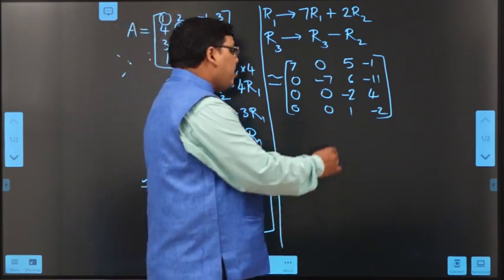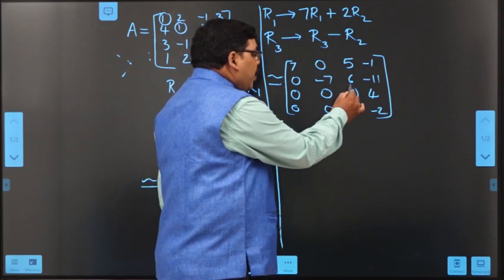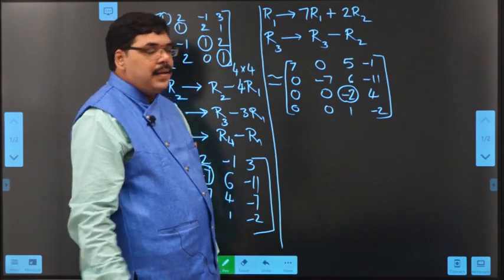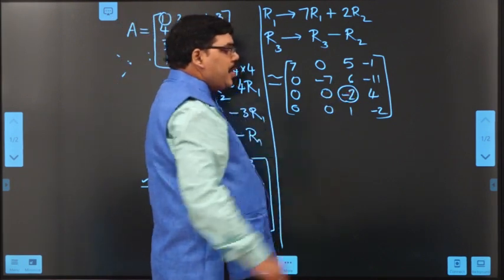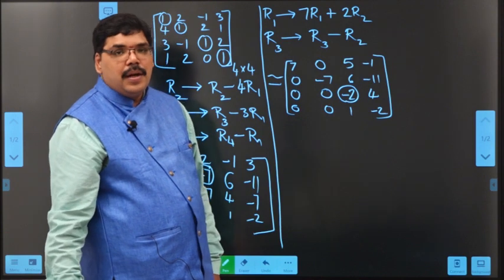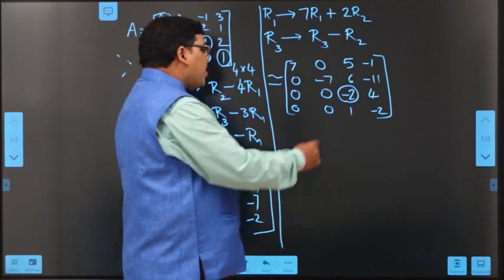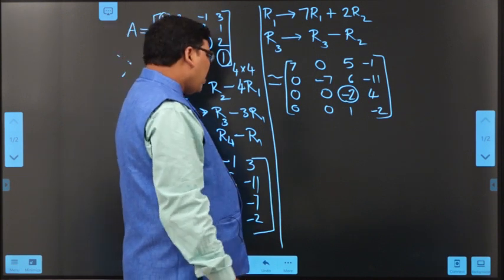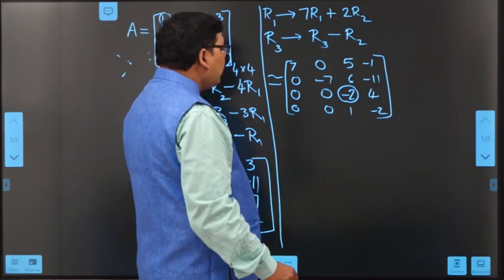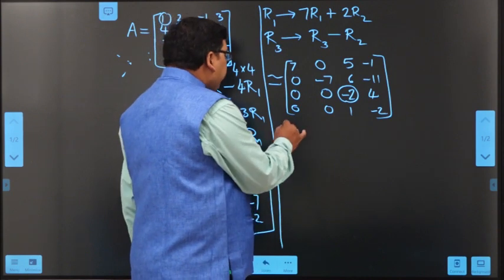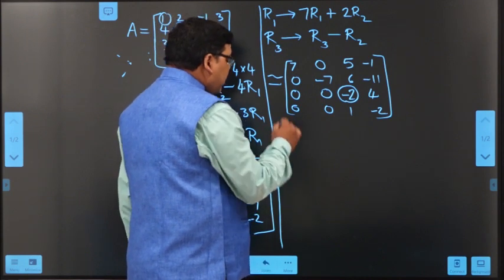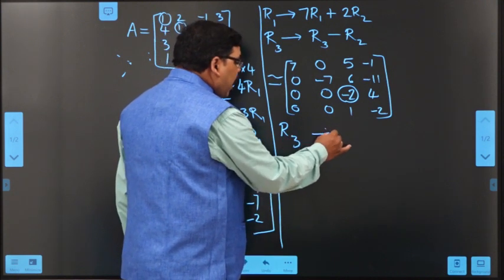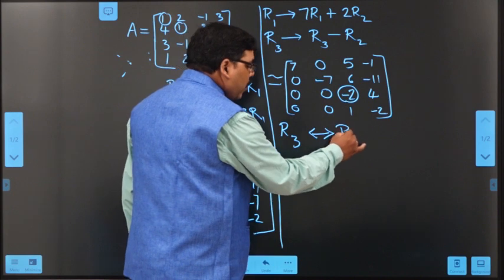And what next we have to do? You keep this non-zero third diagonal element and make the remaining elements into 0 by appropriate row operations. So what is the element here? Minus 2. So I will apply a row interchange for simple calculations. I am interchanging R3 with R4.